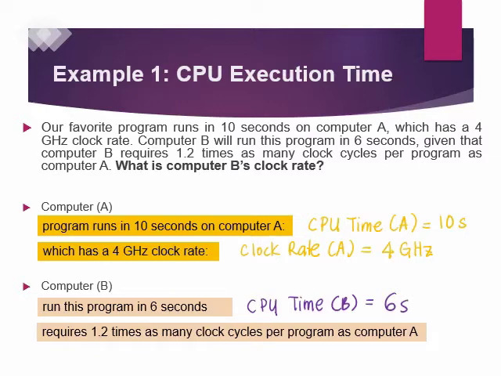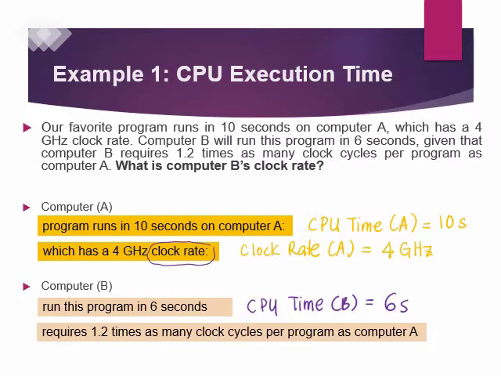Alright, hold it. In computer A, it gives a direct information of clock rate. But in computer B, it doesn't give you the clock rate, but it tells the performance of CPU B in terms of CPU A, and it gives you clock cycle. So don't worry, just write down the information.